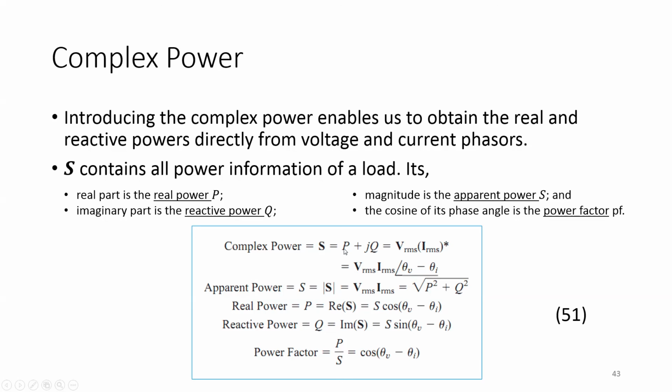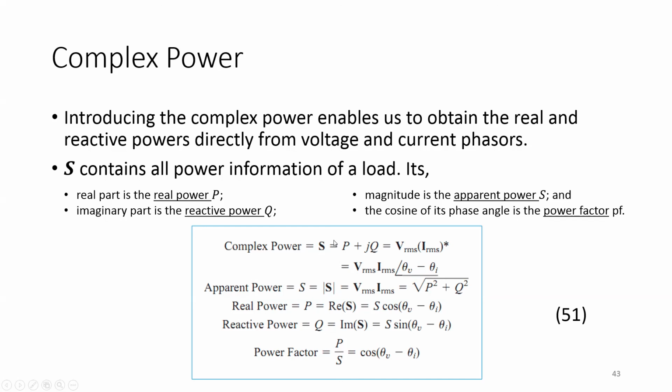It contains P plus jQ, where P is the real power, the real part of S, and Q is the reactive power, the imaginary part of S, given by S cos theta and S sine theta, where theta is theta v minus theta I in either case.